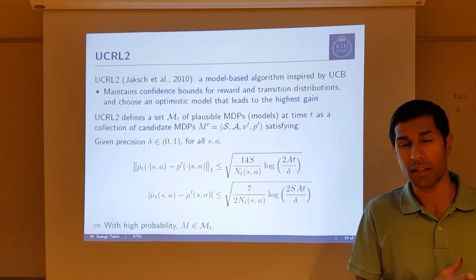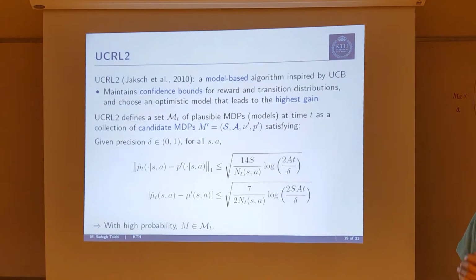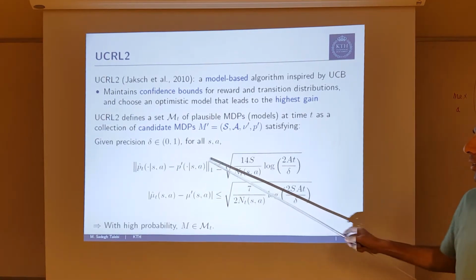I mean, we can discuss it in the context of multi-armed bandits. Assume that you don't have any transition probability.